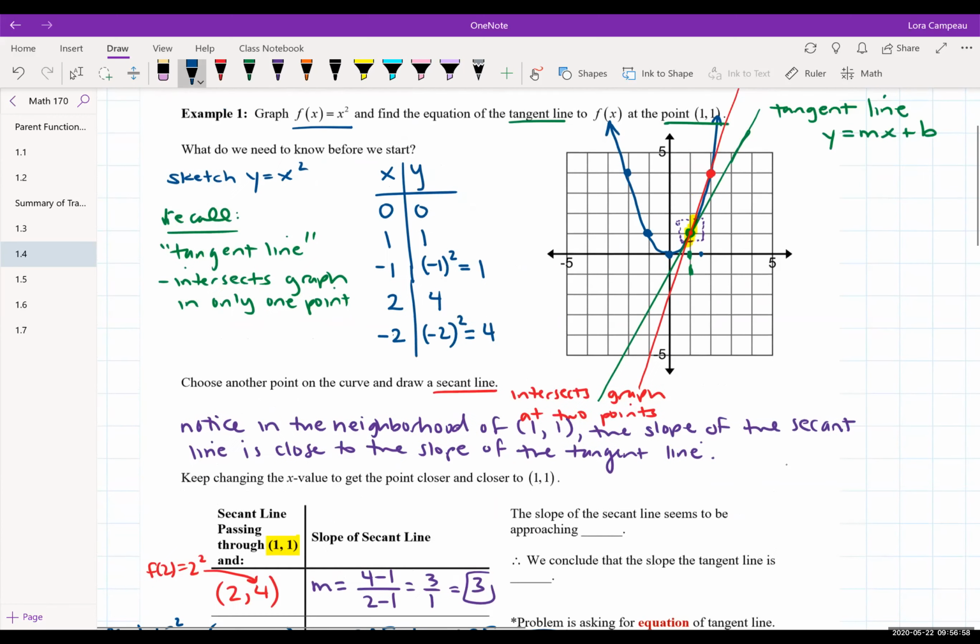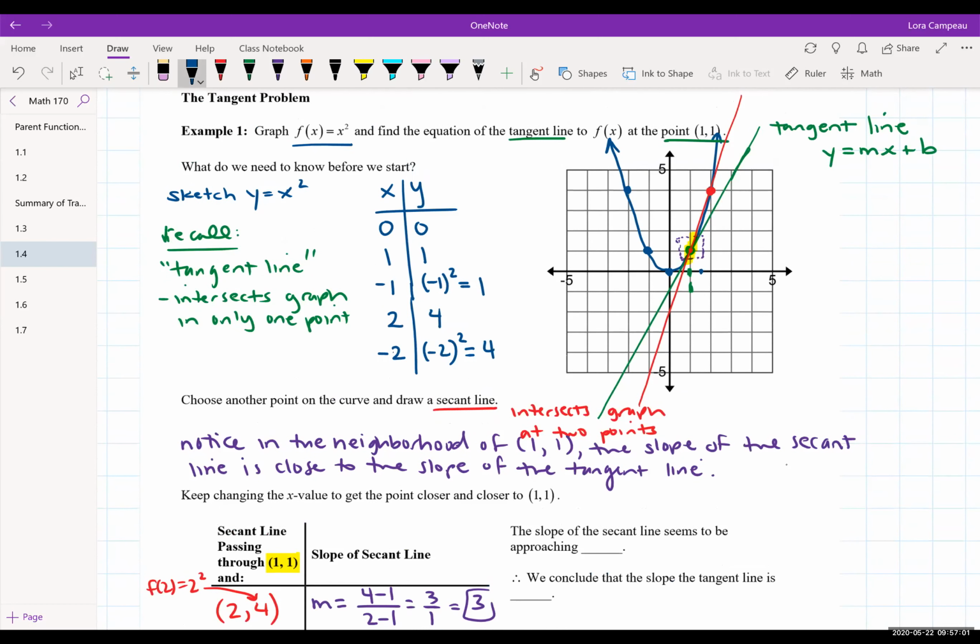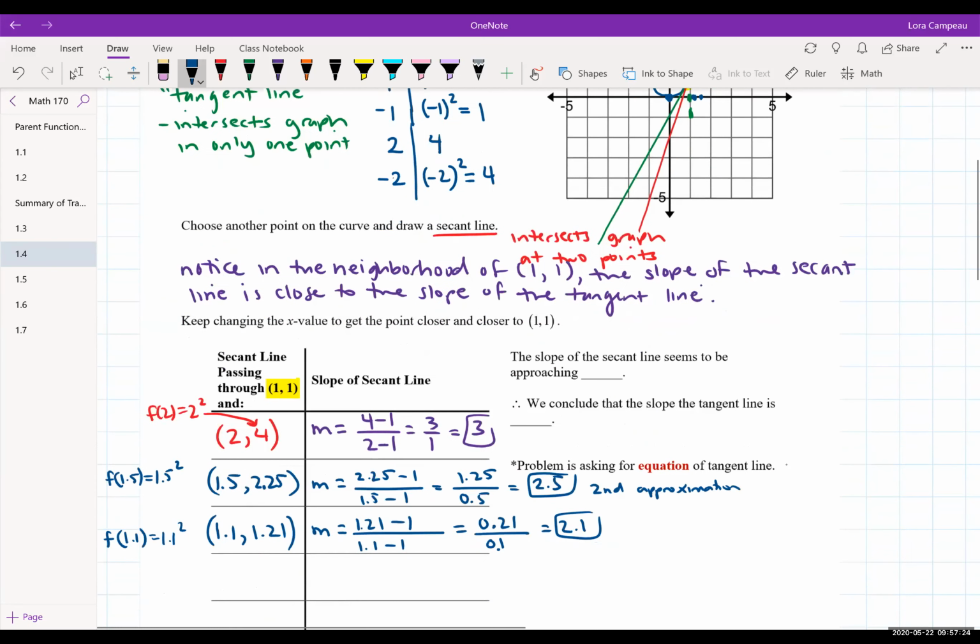And we calculated its corresponding y value and found the slope between that and 1, 1. Then we went really close to 1. I don't know if we can even see it as we mark it, but it's about 1.1, right next to the 1. Find its corresponding y value, which is really close to 1, 1, and calculate the slope of the secant between those points. So that's really close to 1, 1.